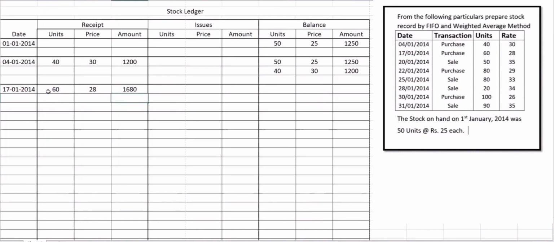28, that is 1680. Now on this date, I am having the units which I bought earlier and today's bought units, right? So here, earlier 50 units at the rate of 25. The cost of the same is 1250. Again on 4th we also bought units, that is 40 units at the rate 30.